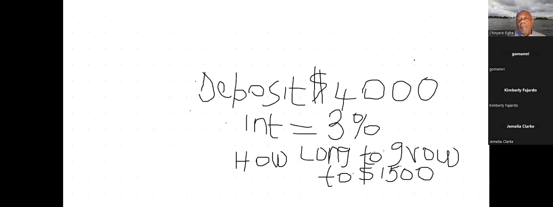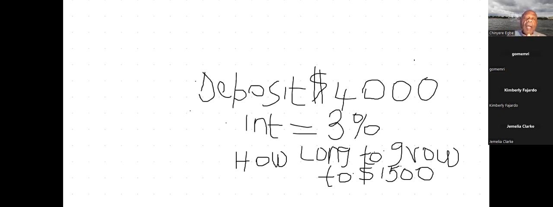So the question is how long would the original deposit take to grow to 1,500? Okay, the money is going to be growing at 3%. Now, we're going to solve the problem in two ways, where we're going to use the logarithmic process, okay?